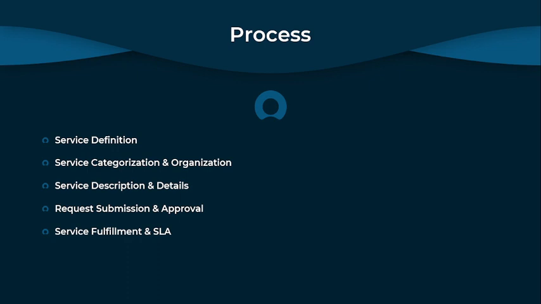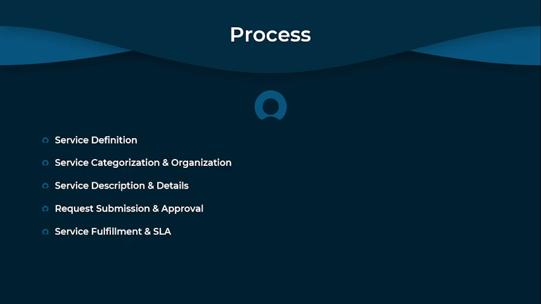Some service requests may require approval from designated approvers before they can be provisioned or fulfilled. ServiceNow allows organizations to configure customizable approval workflows to route requests to the appropriate stakeholders for review and approval.